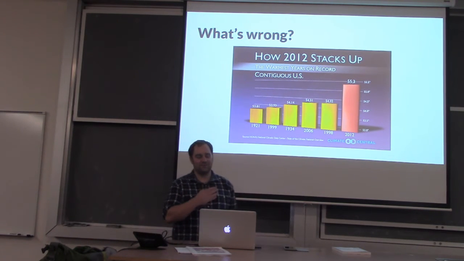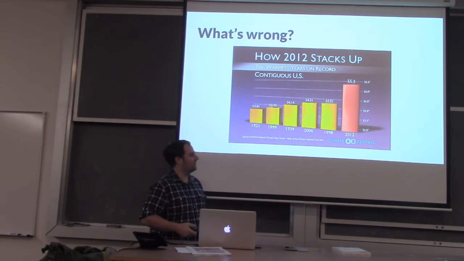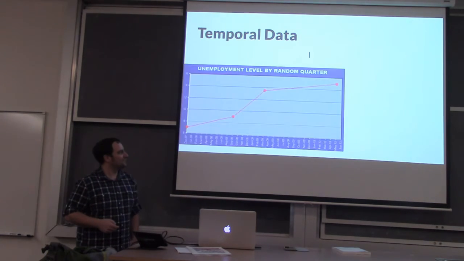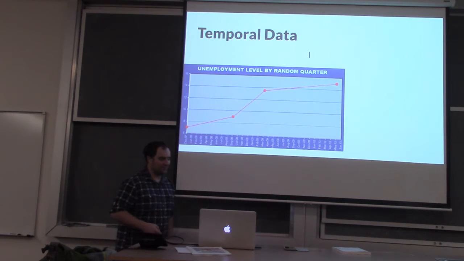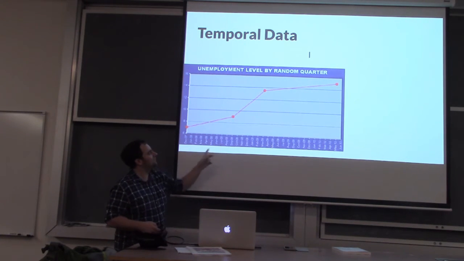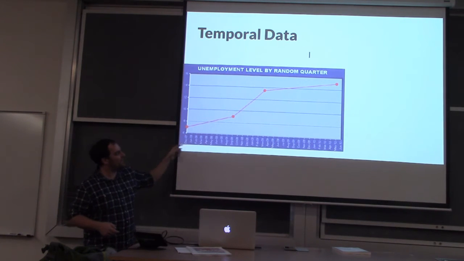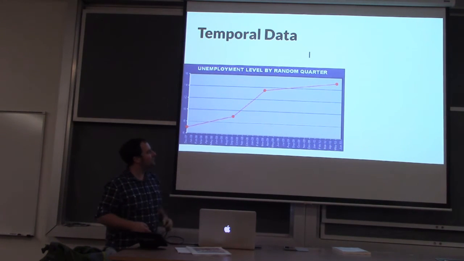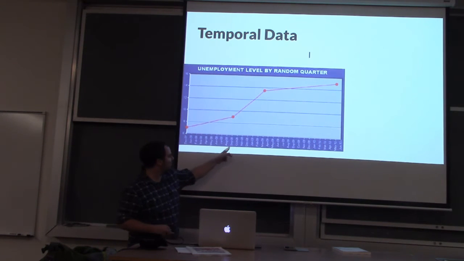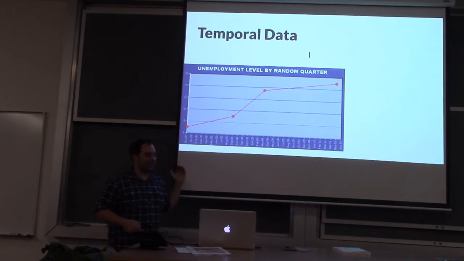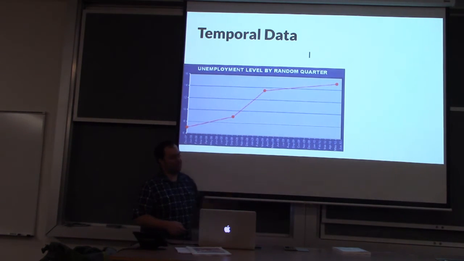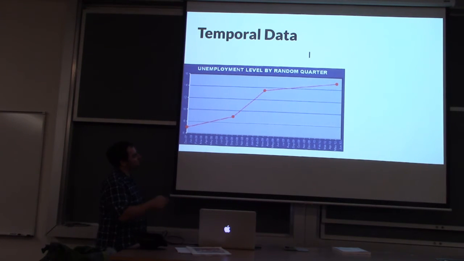If you plot time, it needs to be in order. So this is actually the other chart, the one that shows the unemployment by the right quarter. Here we actually have this one big jump in 2008. It's not a linear trend. It's this trend with these extremes here.